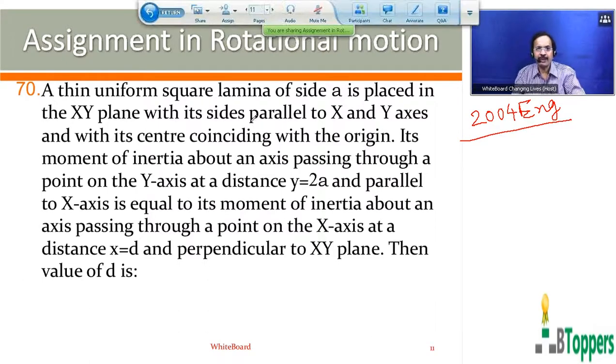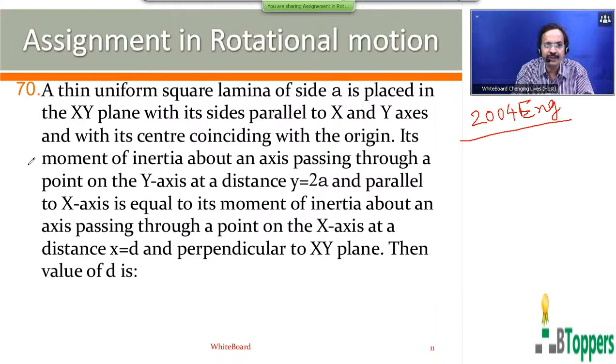A thin uniform square lamina of side A is placed in the XY plane with its sides parallel to X and Y axis and with its center coinciding with the origin. Its moment of inertia about an axis passing through a point on the Y axis at a distance Y equal to A and parallel to X axis is equal to its moment of inertia about an axis passing through a point D on the X axis at a distance X equal to D and perpendicular to XY plane.